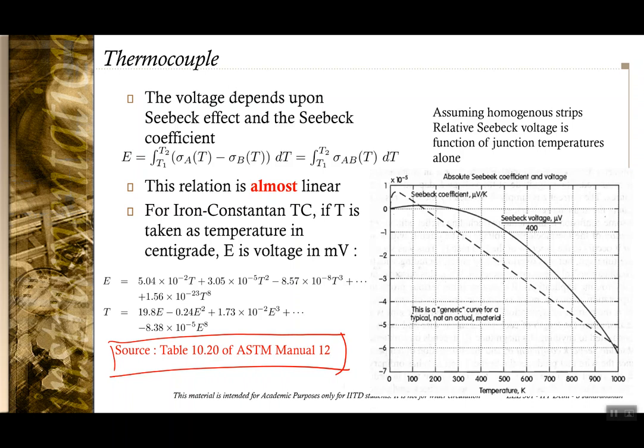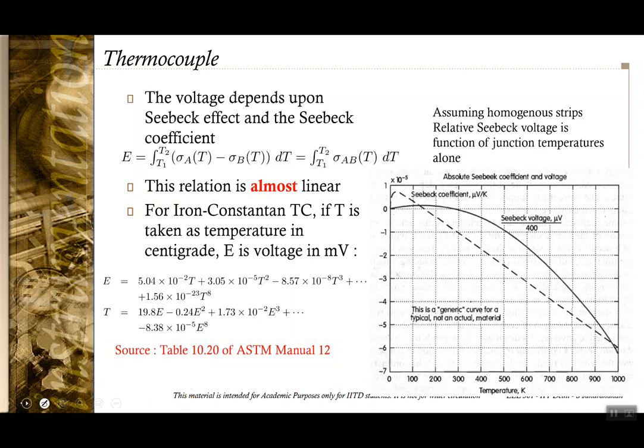What I would again like to reiterate is that here T1 equals T and T2 is 0 degrees centigrade. So this is important: to be able to determine the junction temperature T1, which I call the hot junction temperature, what we need is to know the cold junction temperature.